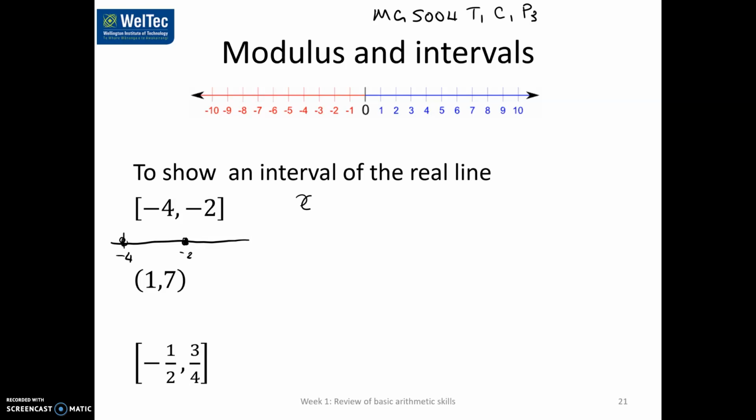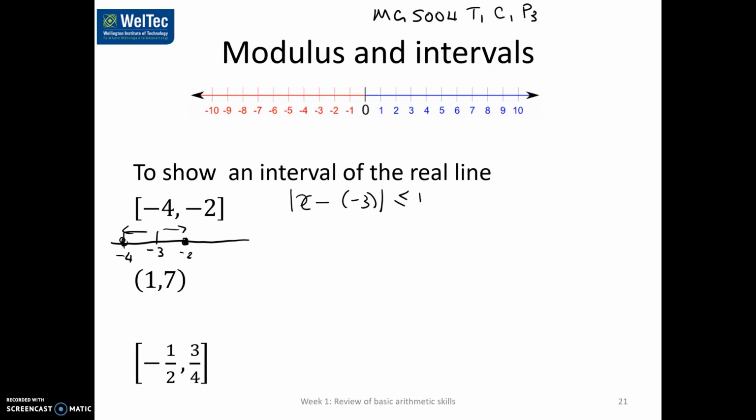Sorry, not 3 in the middle, -3 in the middle. So if we write this as the absolute value of x minus the -3, and we can see that that's 1 unit that way and 1 unit that way, and we can write it then, because it's closed, as that.